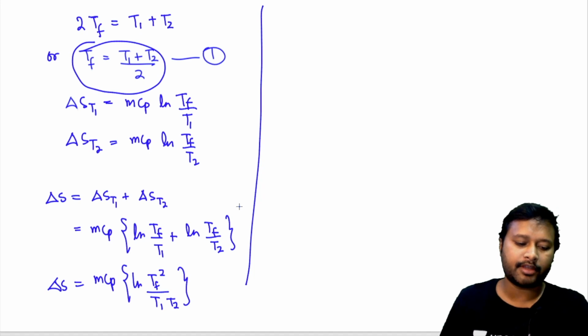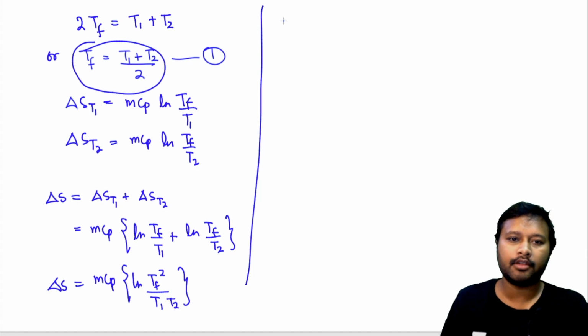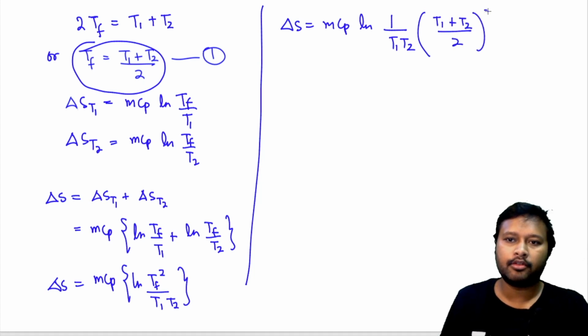So when I substitute it, I am going to get something like this. Delta S equals MCp ln, 1 upon T1 T2, and in the bracket (T1 plus T2) divided by 2 whole square.